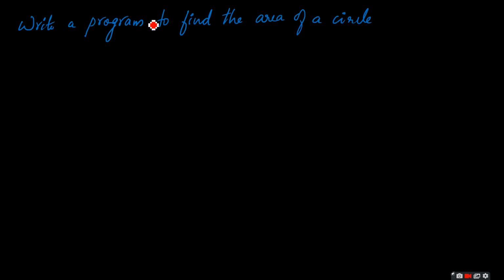Now next question, write a program to find the area of a circle. We know that area of a circle equal to 3.14 into radius square, pi r square. Pi r square means 3.14 into radius into radius. We know that. Now, if we input the radius, we can calculate the area.